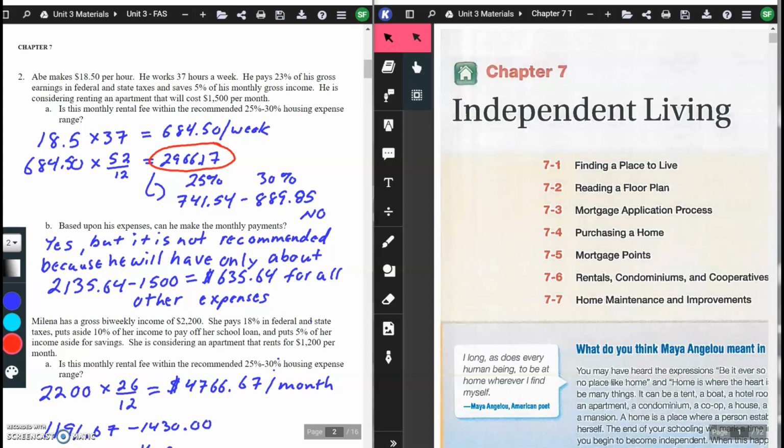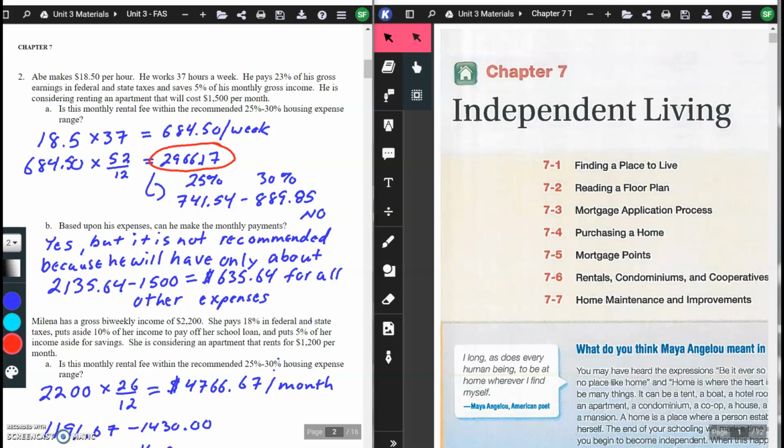You're going to take that $2,966.17, multiply it by 25%, which gives you $741.54, and multiply by 30%, which gives you $889.85. Can he afford $1,500 per month? The answer would be no. Part B, based upon his expenses, can he make monthly payments?